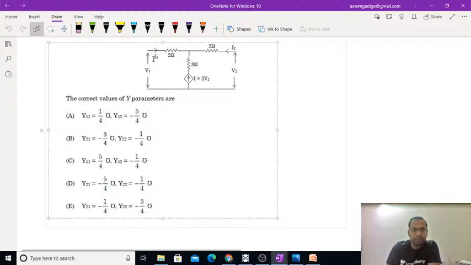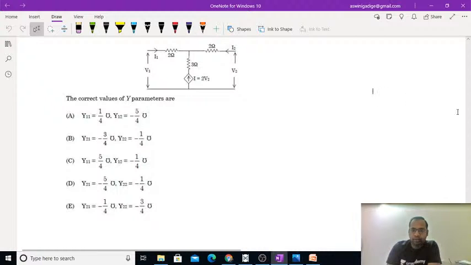Here the circuit is given, and y11, y12, y21, y22 are given. So we have to find all the admittance parameters.